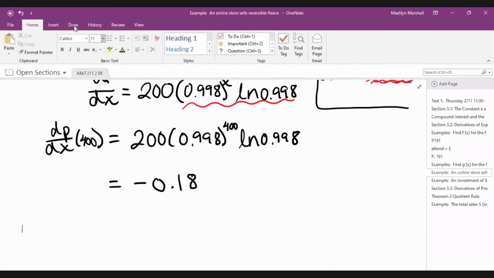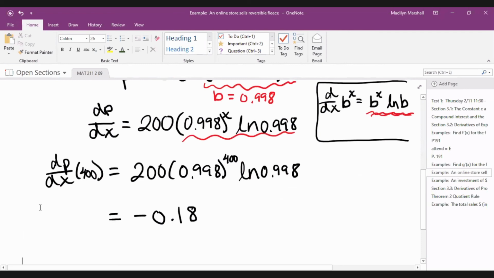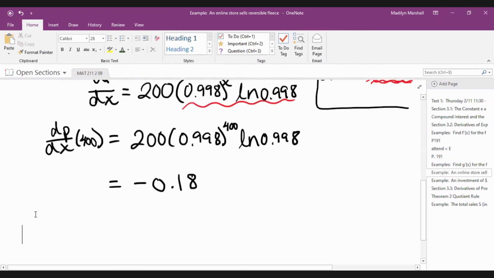So we don't know about the decrease in revenue. Oh, so this is not the same as the ones that we've been doing. Right, but it's still the same idea of the rate of change of something, but we found the change in price per blanket, which definitely affects the revenue, but we don't know exactly what that effect would be.